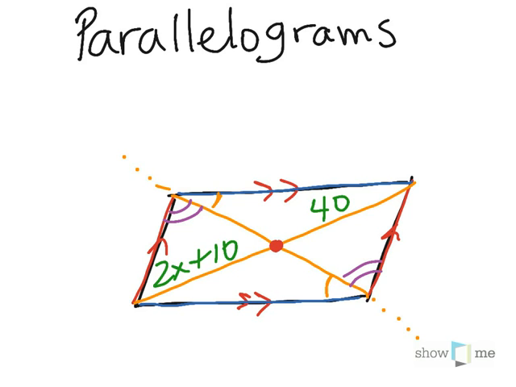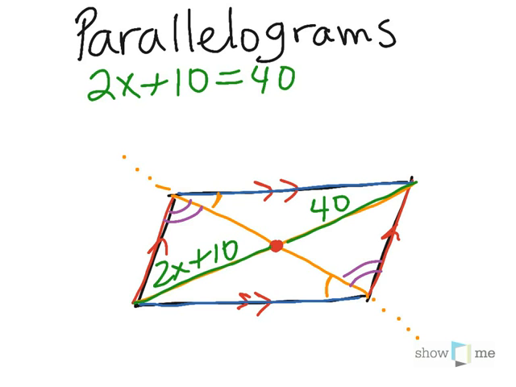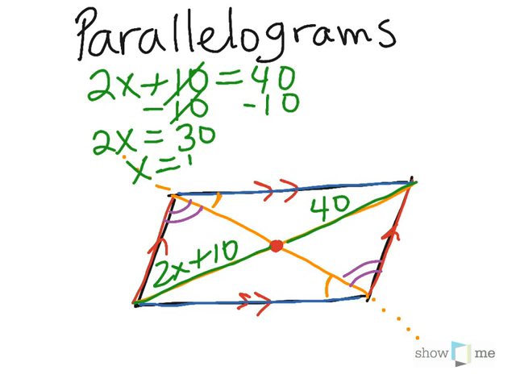Since these are diagonals, they're getting cut in half by each other, so this segment right here would have to be the same as this segment right there, and we can set up something to figure that out. 2x plus 10 has to equal 40. And we can solve that now: you subtract 10 and do your normal algebra and figure out what that missing value is. 2x would have to be 30, so x equals 15.